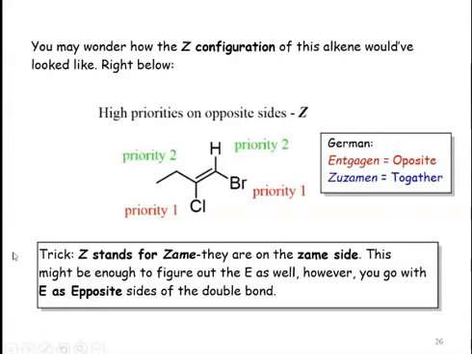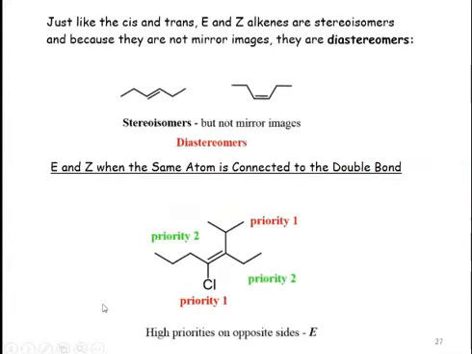So what is the trick? Z stands for them being on the same side. This might be enough to figure out what E means. For the sake of ease, we can associate E with the word opposite. So just like the cis-trans classification, E and Z alkenes are also stereoisomers.